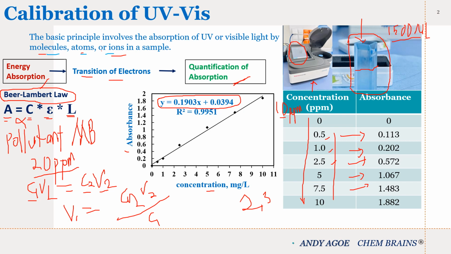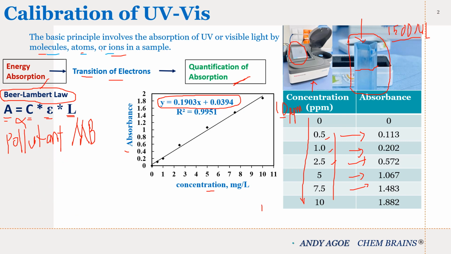Okay, so now let me show you how to convert this absorbance into concentration. To convert absorbance into concentration, you need to compare the Beer-Lambert law with the equation of the line. So let's write the equation of a line as y = mx + k, and let me represent the intercept by the letter k.